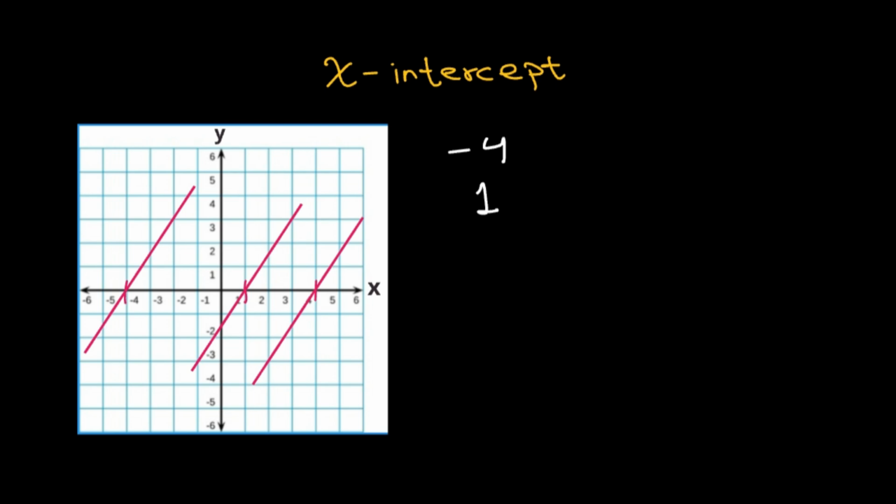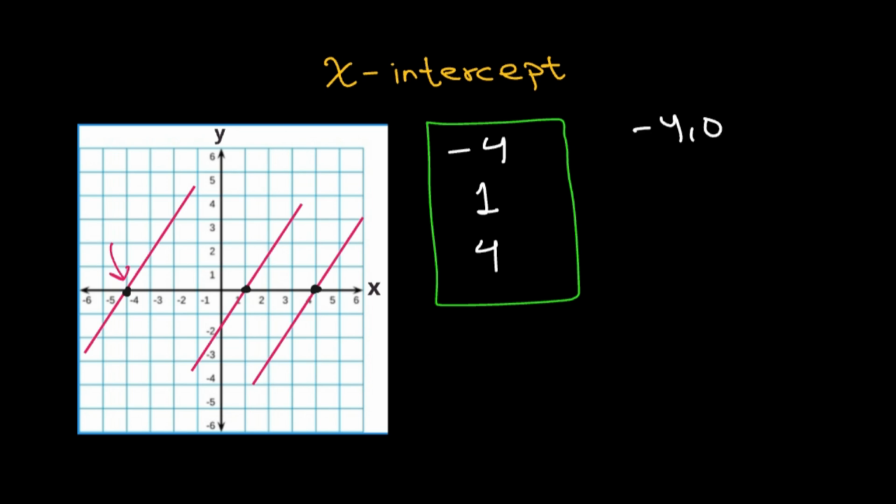And for the last line, x-intercept equals 4. Note that this coordinate right here is (-4, 0), this one is (1, 0), and this one is (4, 0).